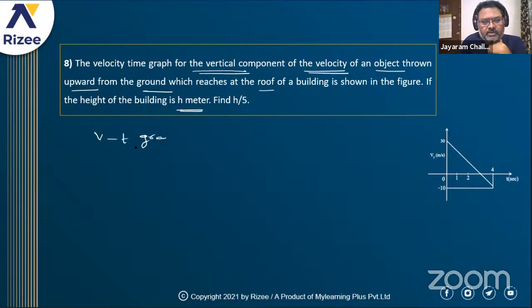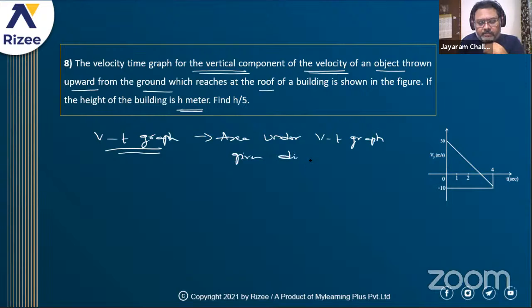Since it's a velocity time graph, area under the VT graph gives displacement. In this case, vertical direction displacement is height only. So now go for the area of the graph.